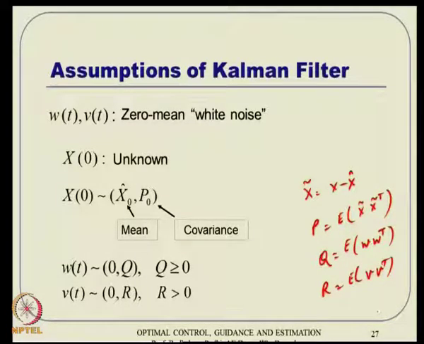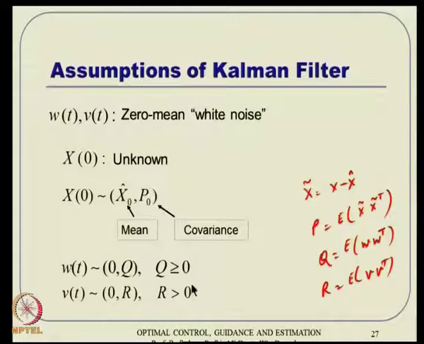These are all outer products. W and V are assumed to be zero mean, and Q and R are their covariance matrices respectively. Q is assumed to be positive semi definite and R is assumed to be positive definite.